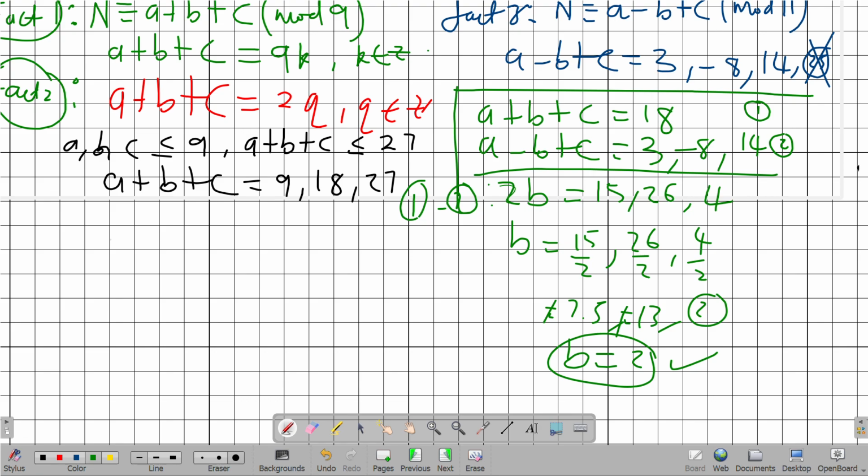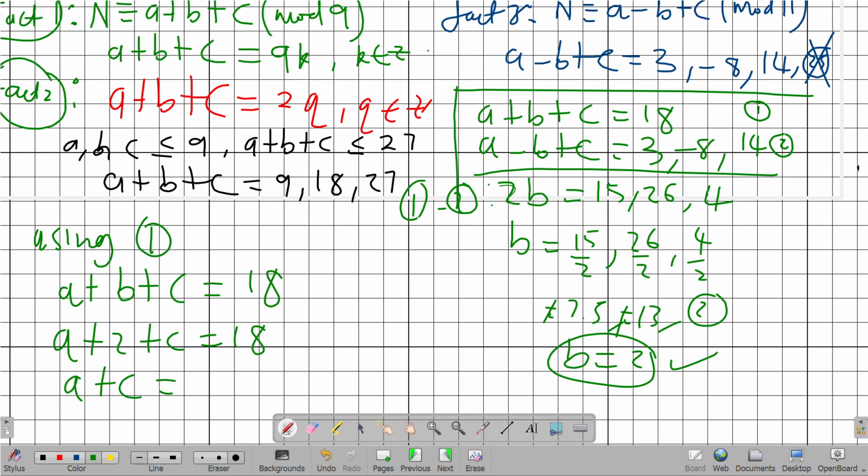So using equation number 1, where we say a plus b plus c is equal to 18, and we know that a plus 2, where b is 2, plus c is equal to 18. This results in a plus c being equal to 16. What are the possible values that give us 16?